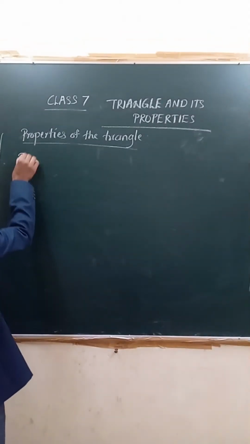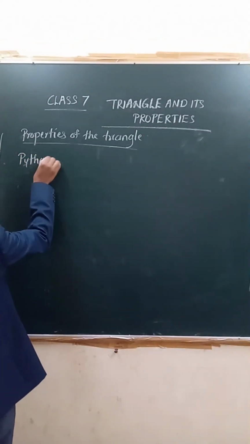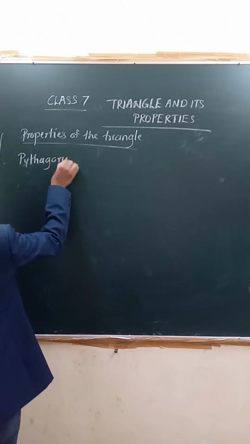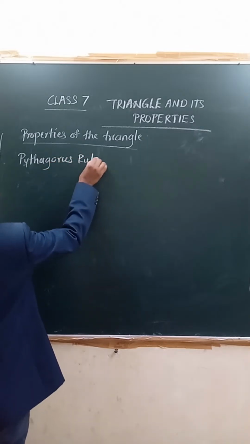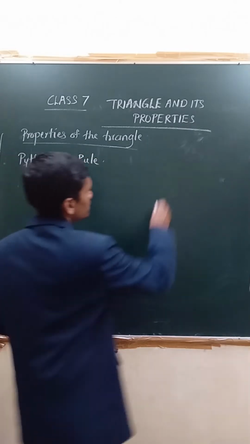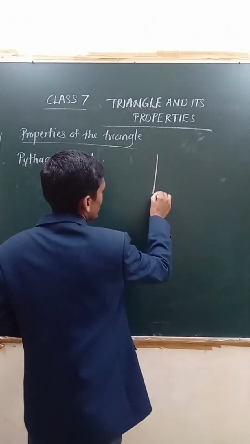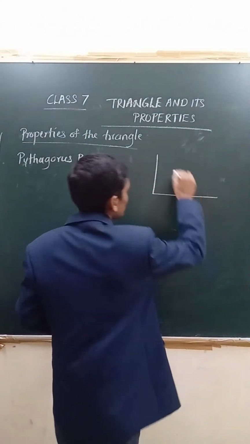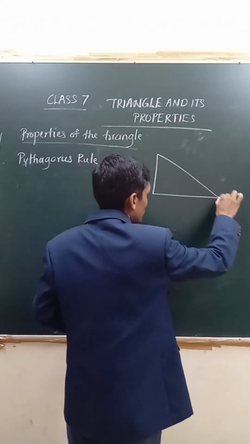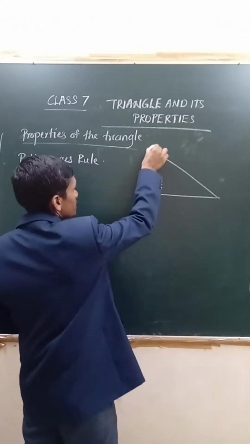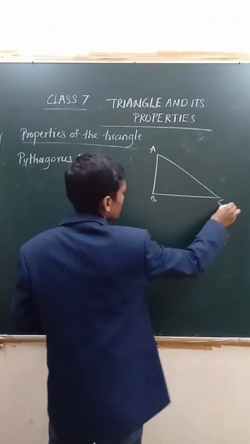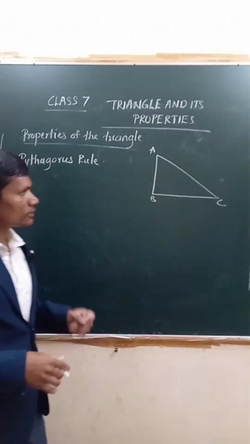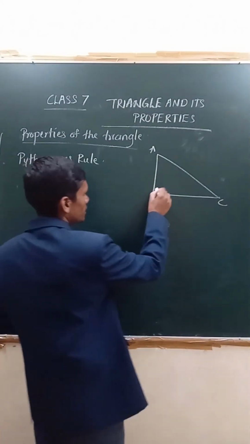See, coming to the Pythagoras rule, if you take any right angle triangle, let us take one triangle in this. This is ABC. I'm not going to take much time. We are going to finish this soon here.